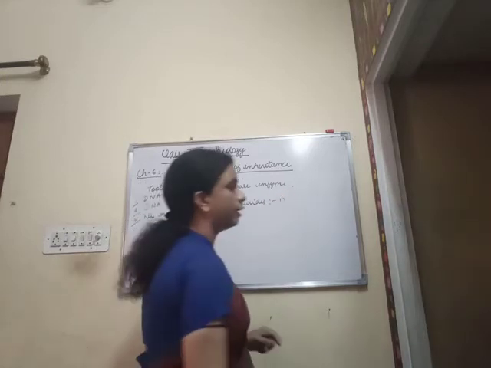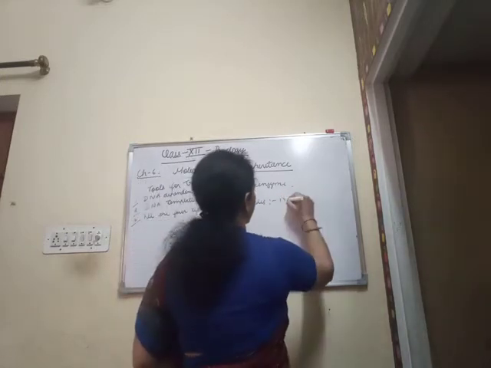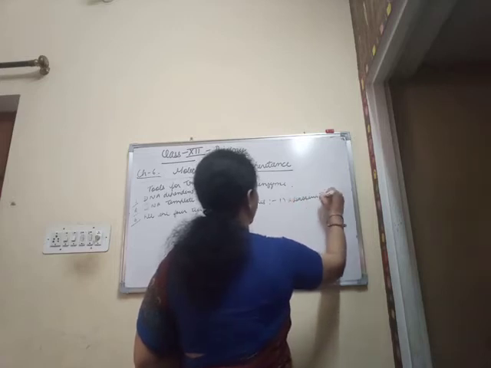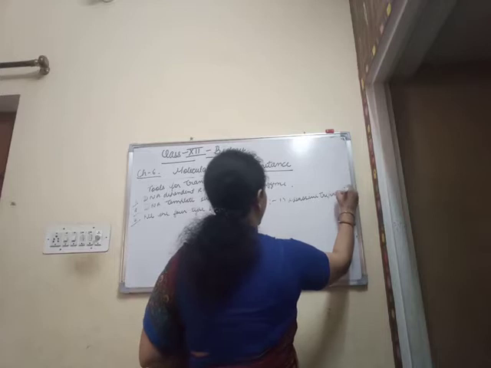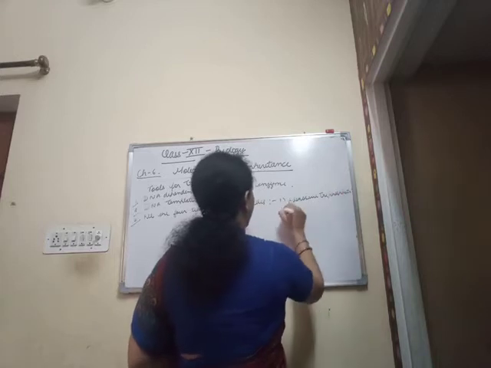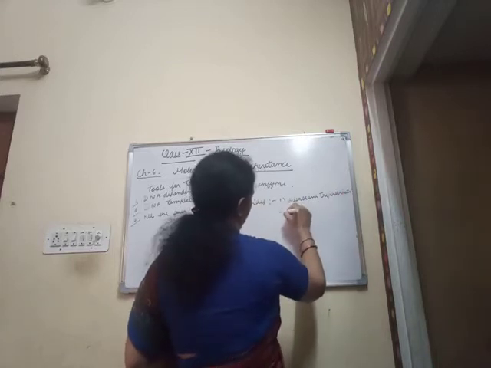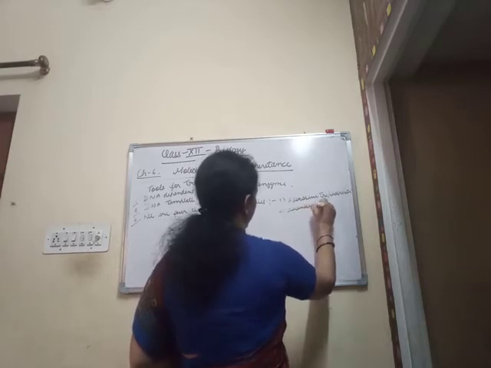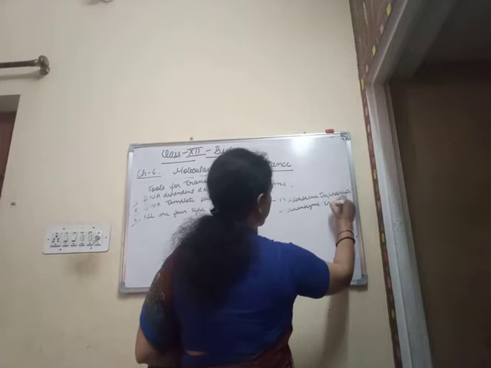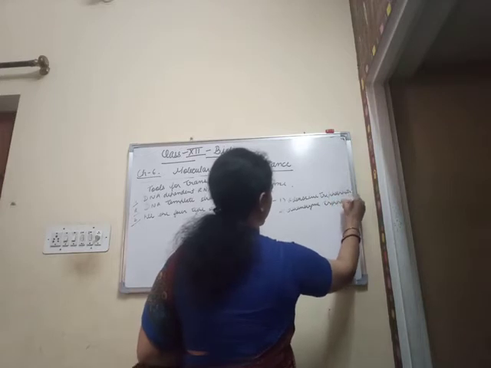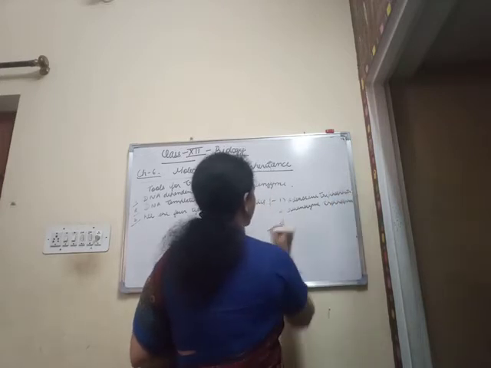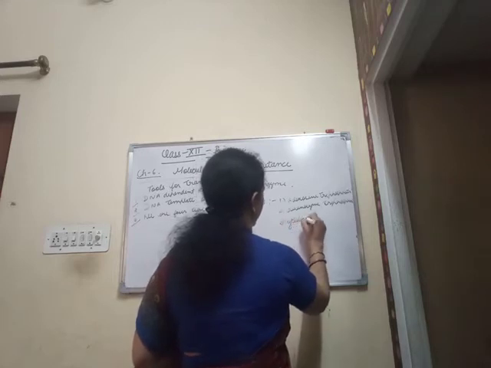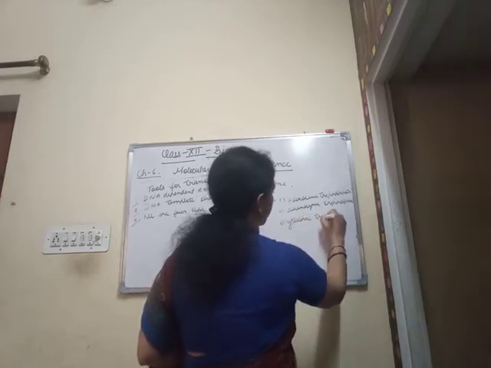Number 1, adenosine triphosphate. Second, guanosine triphosphate. Clear? Third, cytidine triphosphate.